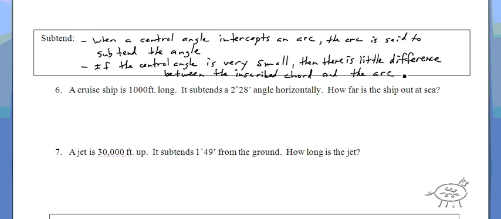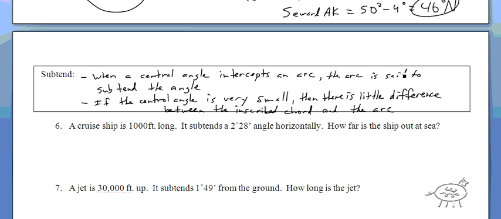Okay, so let me kind of explain here what it is. I can actually move this up a little bit so I can draw a little bit on top.